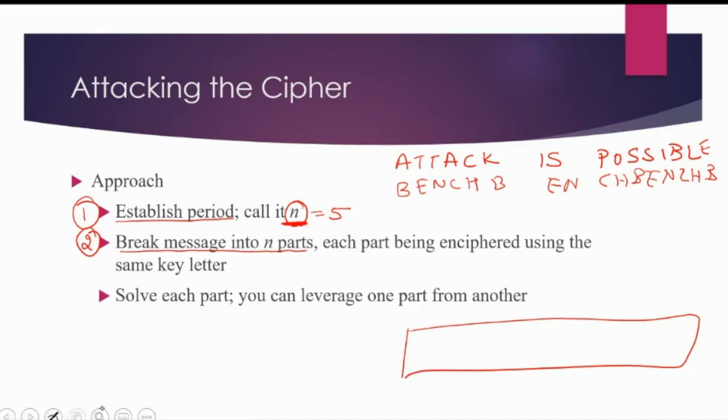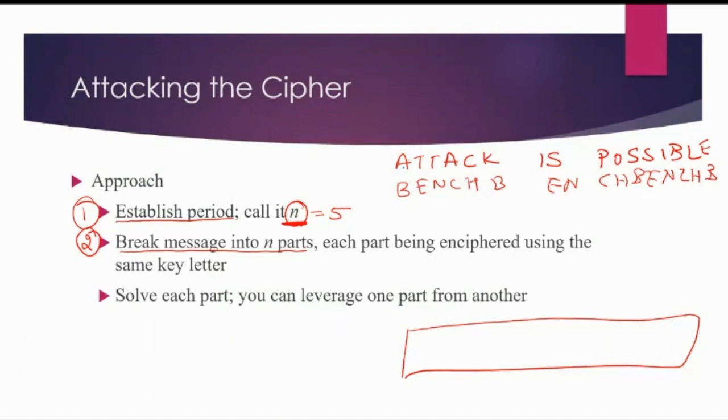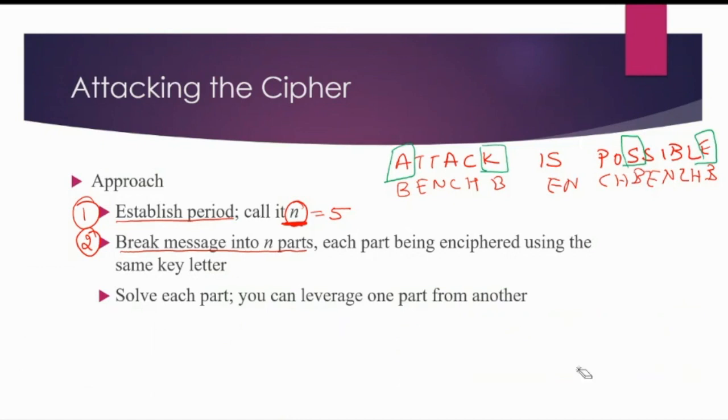Let me use a different color to identify each fifth letter. This is the first letter, this is the fifth letter, this is the next fifth letter. Can you see some property of this? A, K, S, E. Is there any particular thing associated with this?